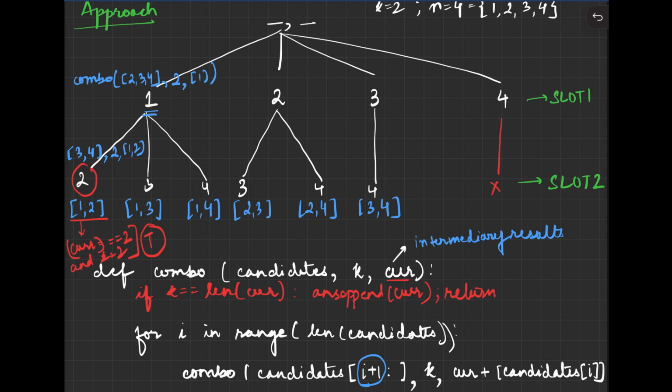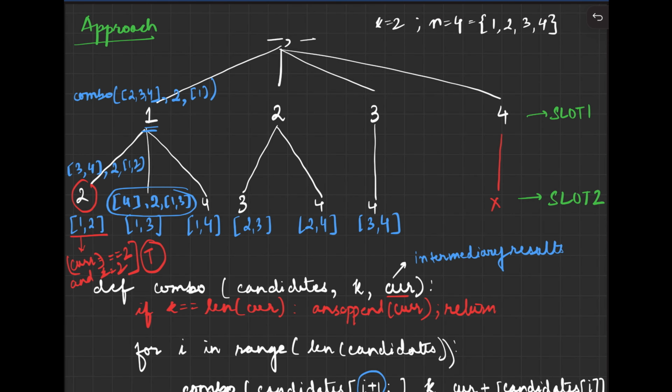So if I quickly write that down, it will look like something like this. The candidates that we have will be 4, k will be 2, and this is our intermediary result. So this is what our intermediary state will be. If you keep going, again the terminal condition will hit because the length of our current has become equal to 2, and this is where the answer will get collected in our global variable and will return. I hope this is clear.